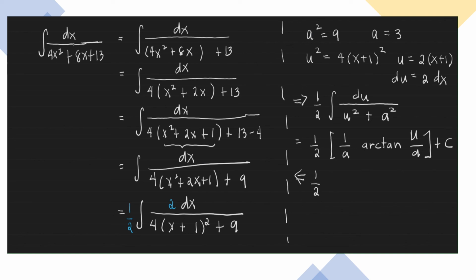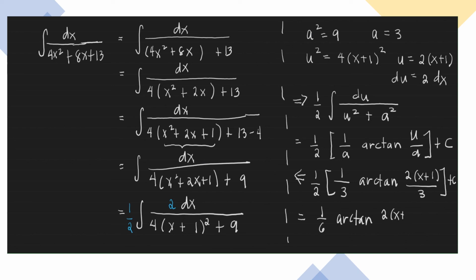We have 1/2, 1 over the value of a, which is 3, and we have arctan of u, so u is 2 times x plus 1, over 3, plus c. We just multiply 1/2 and 1/3, so we get 1 over 6 arctangent of 2 times x plus 1 over 3 plus c. So this is our final answer.